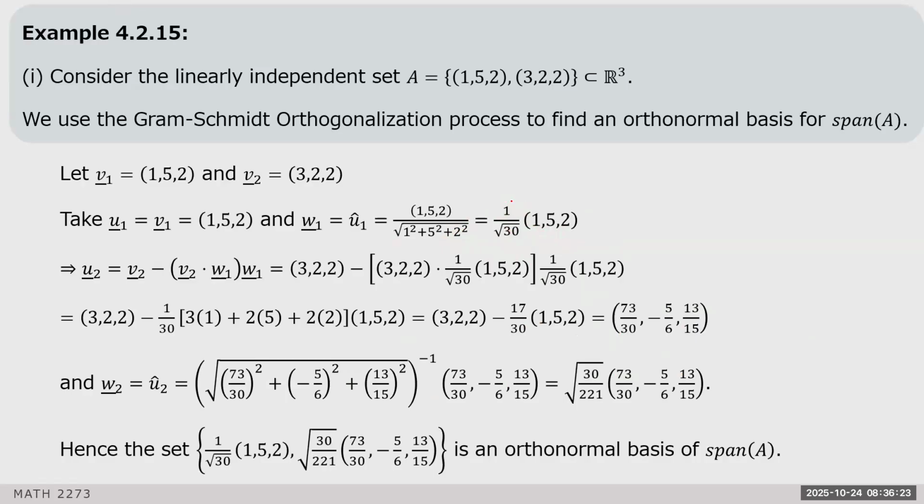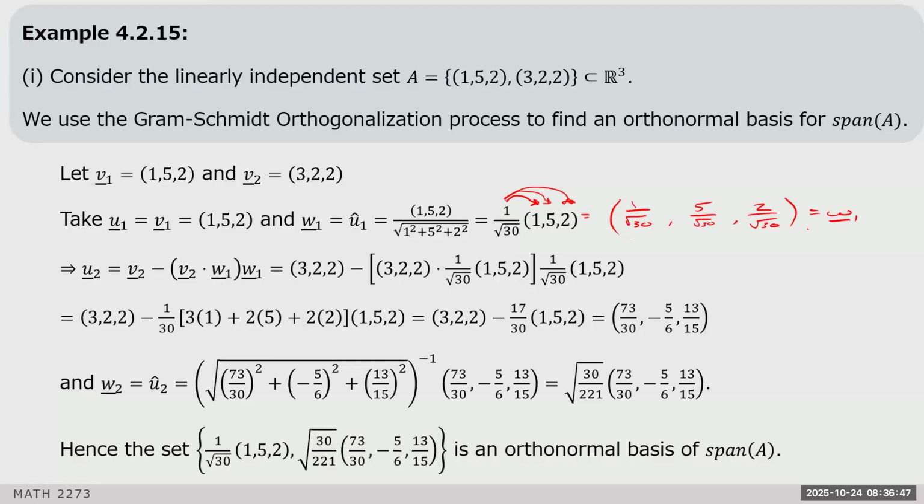If you wanted to, you could multiply this inside by each one, and you could get 1 over root 30, 5 over root 30, 2 over root 30 as the vector W1.